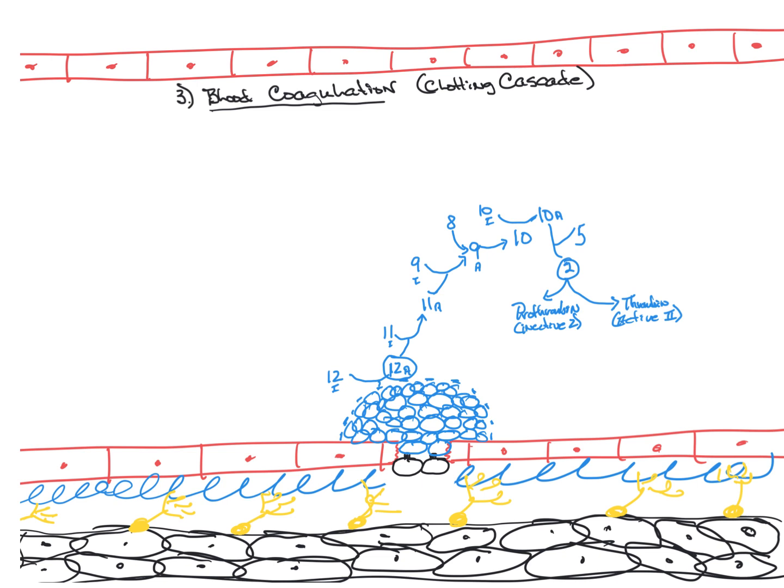Thrombin then will go to convert fibrinogen, which is inactive 1. This is 1, and its inactive form is fibrinogen.